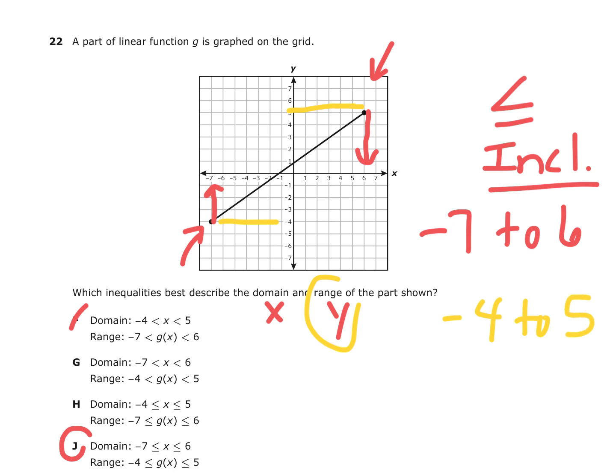So -4 to 5, is that what it says here? Yeah, that is correct. So the answer here is J. This could have been done just by looking at the domain, the x values. I used the red for domain and the yellow to find the range. And so the answer was J for number 22.